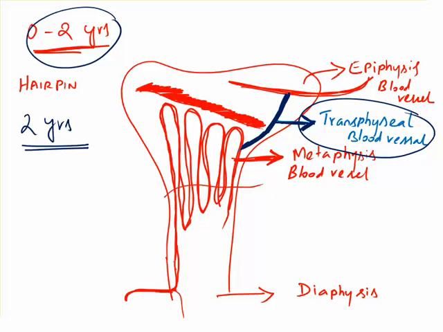The growth plate will be there till, for example, 18 to 20 years of age, you will be seeing the growth plate. So this is the vascular architecture of the bone in 0 to 2 years of age. Now I am going to draw the vascular architecture of the bone 2 to 20 years.